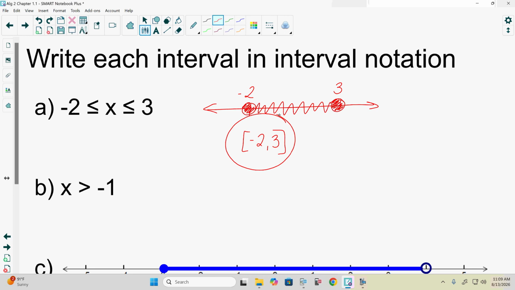With interval notation, there is no variable. We do not put an x or a letter in interval notation, because interval notation is saying between -2 and 3, over this interval, these are the numbers that are included.